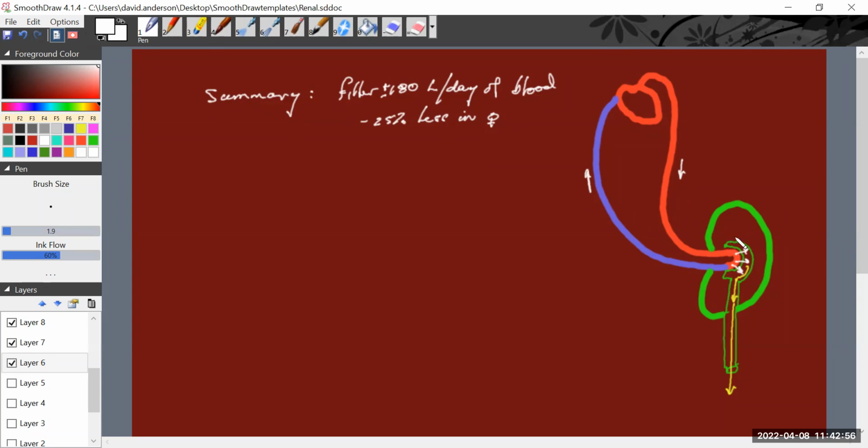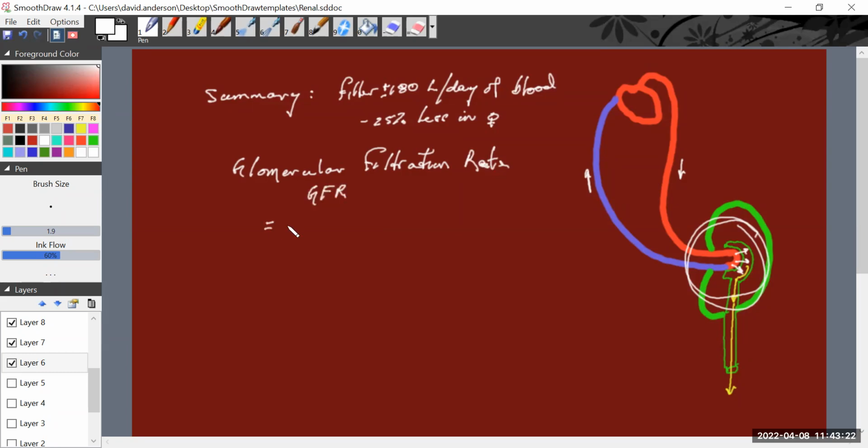And the mechanism that we utilize in this area here is called our glomerular filtration rate, which we can abbreviate as our GFR.